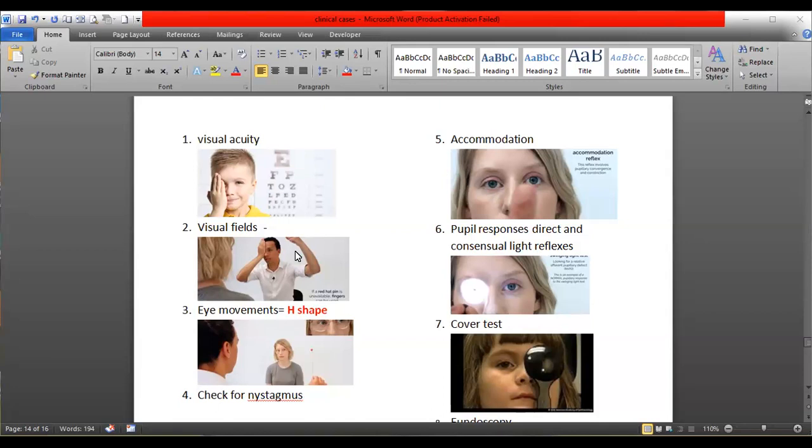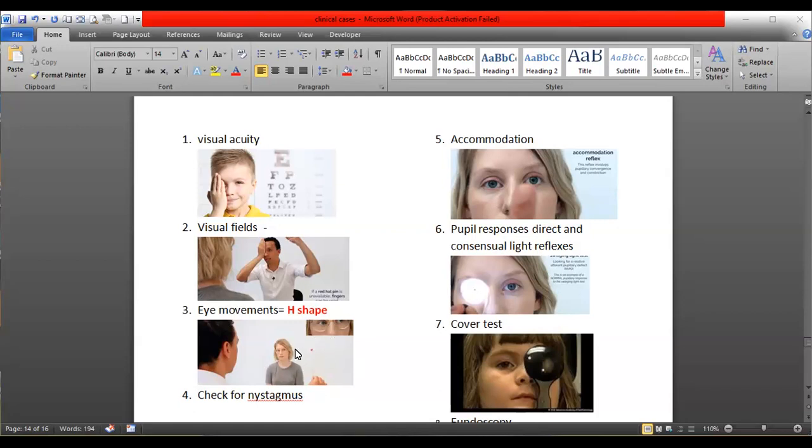So that is the importance of the visual field. After that, H-shaped movement. We need to find out whether any kind of nystagmus is there or not. Eye movement is especially helpful where there is a squint, as well as maybe a third nerve palsy. If there is a paralytic squint, the child will be unable to follow the movement of the H-shape.